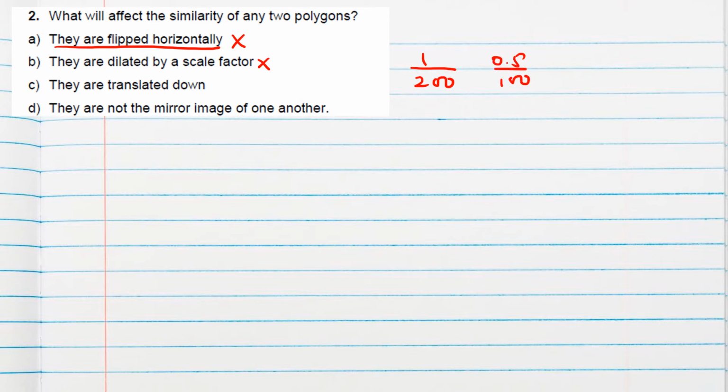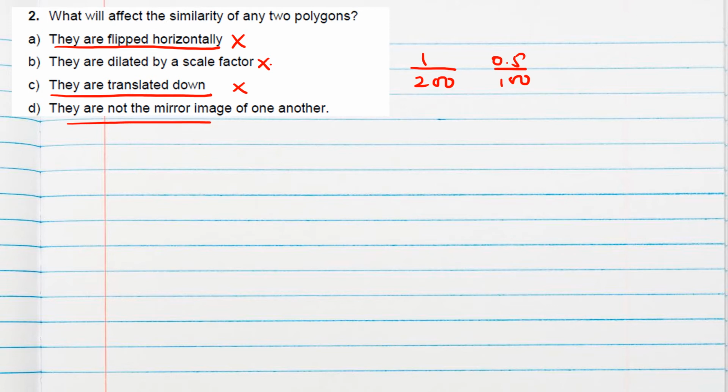Further dilation we can do, but the ratio is fixed. If you simplify, you get the ratio, and it will be fixed. So it will be similar only. They are translated down. This also will not affect the similarity.